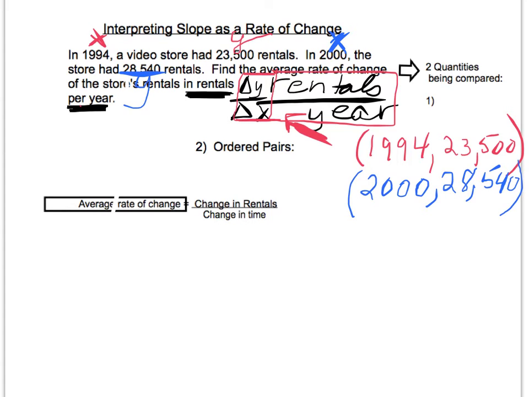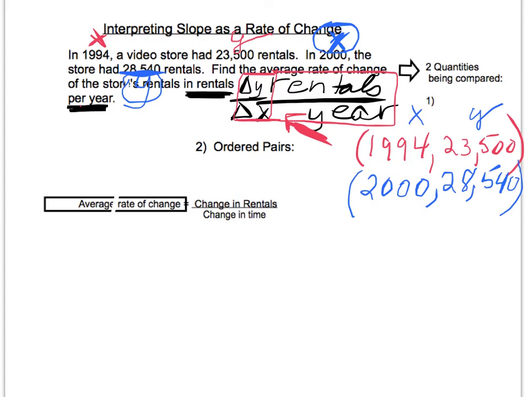So again, by definition of slope and my rate of rentals per year, I was able to build my ordered pairs x, comma, y by pulling the data from my problem.